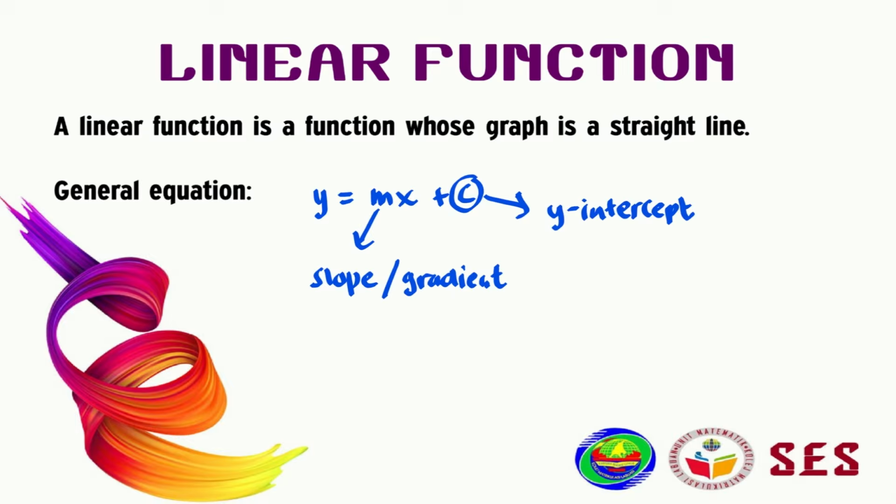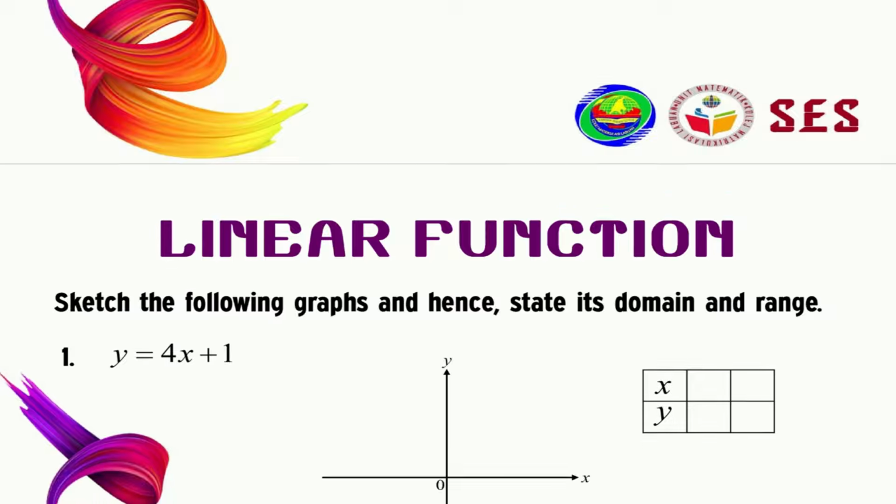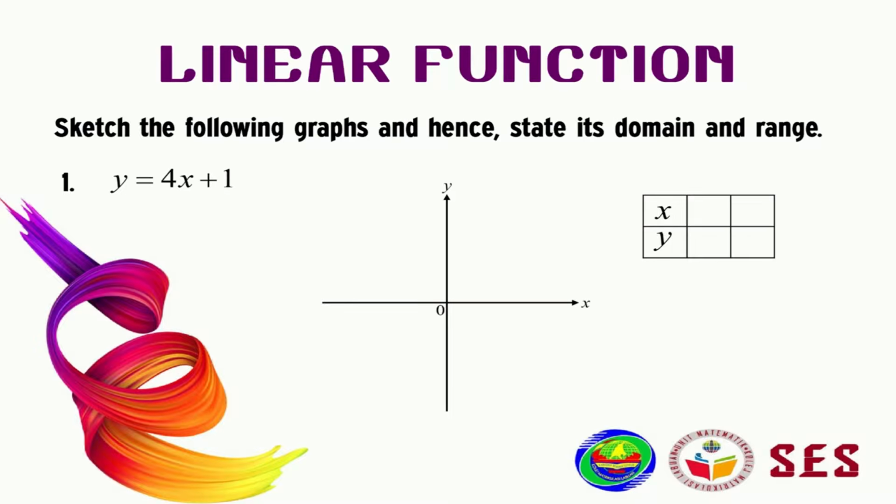Let us discuss how to sketch the graph of a linear function. Please consider this example. Suppose we have y equals 4x plus 1, and we need to sketch the graph and determine its domain and range from the graph.